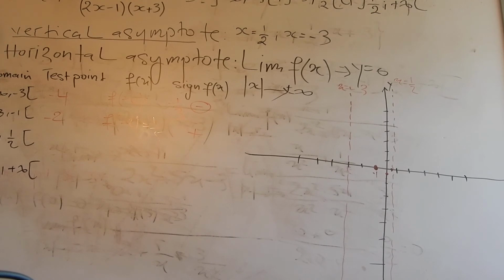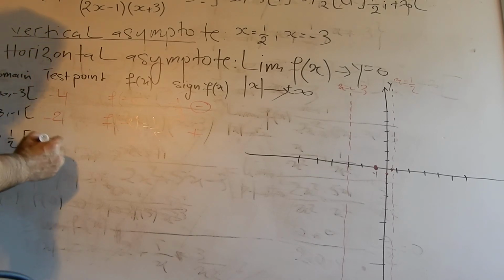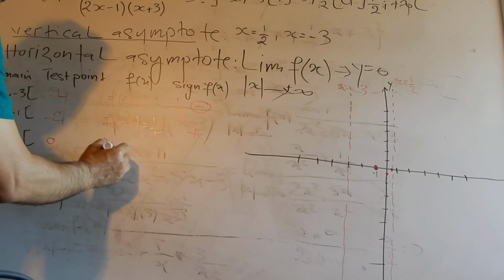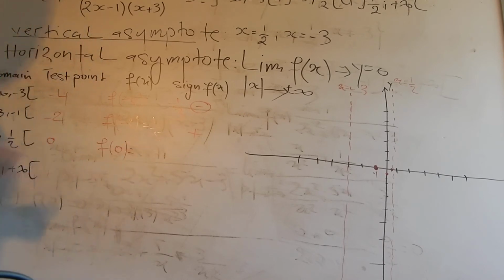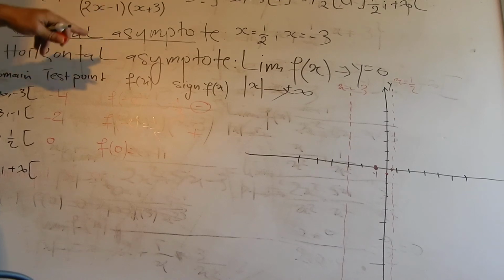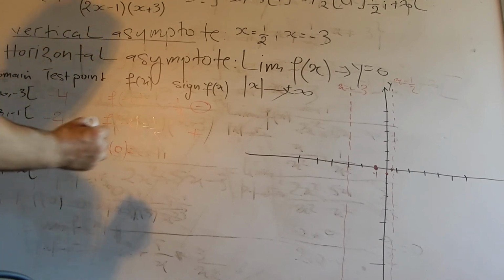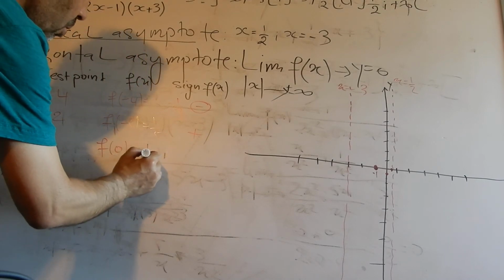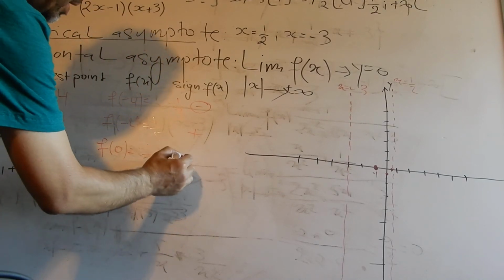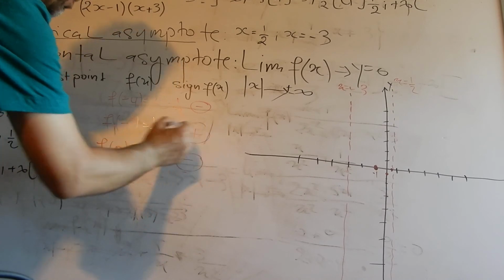The third domain is minus 1 to 1 over 2. I'm going to pick, for example, the point 0. So I'm going to calculate f of 0, replacing x by 0. That gives minus 1 over 3, so the sign is negative.